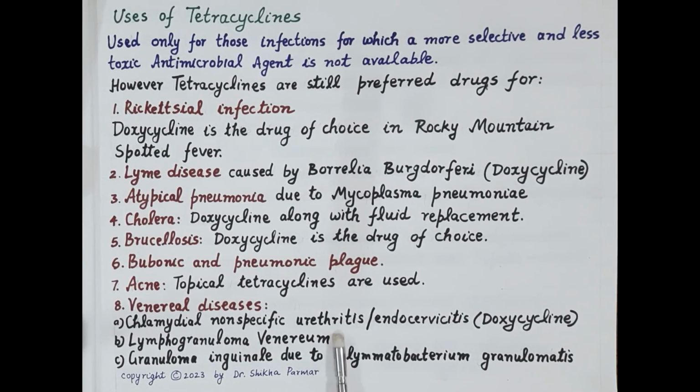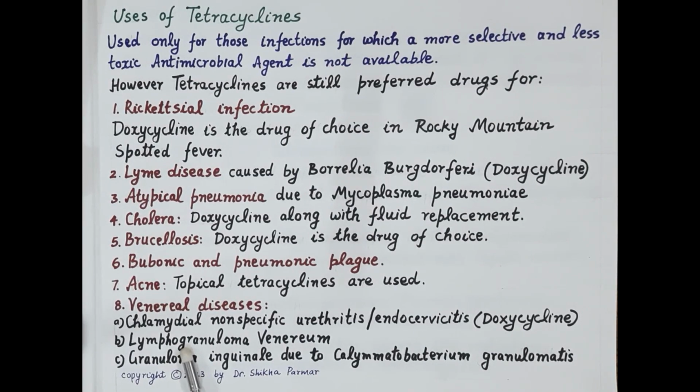Urethritis is the inflammation of urethra, and also in endocervicitis. Endocervicitis is a condition in which there is inflammation of the inner lining of cervix due to chlamydial infection. So in both these diseases, doxycycline is the drug of choice.